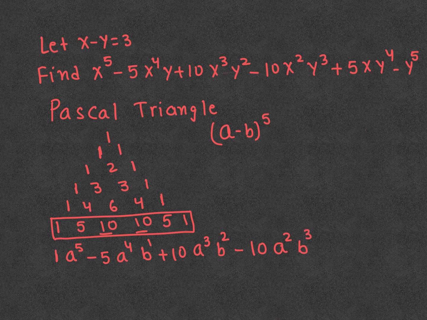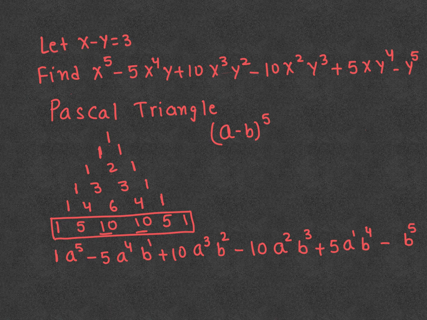Now b again is odd, so that's why we choose negative here. Again we are going to write down plus 5, a to the power 1, b to the power 4. Now this time again it's positive because of b to the power 4, plus in this case we're going to have the highest degree of b, which is 5, and a to the power 0.